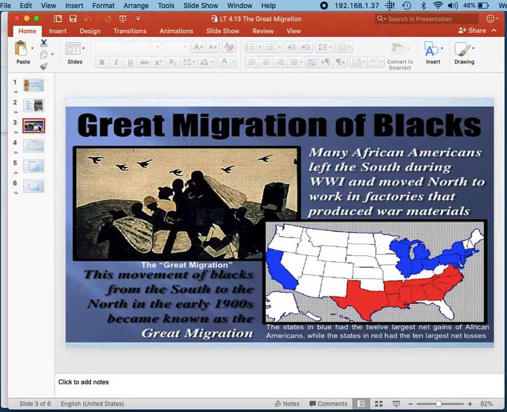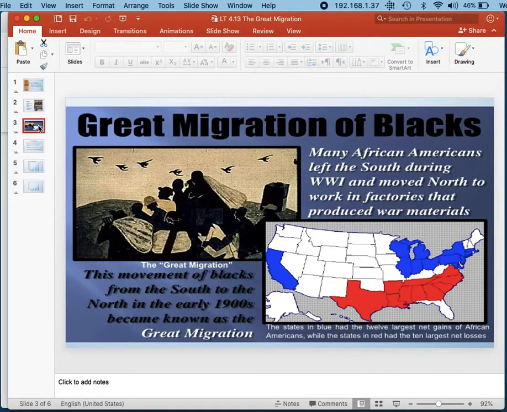All right, the Great Migration. So many African Americans left the South during World War I and moved north to work in primarily factories that produce war materials. Some of these factories were shifted from making war materials, and they started to do other technologies like building cars or building ships.